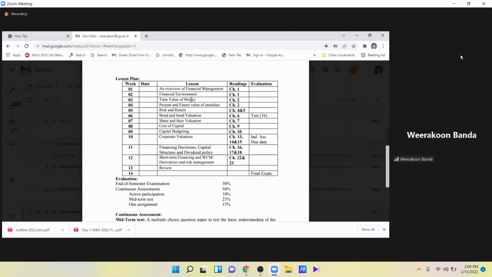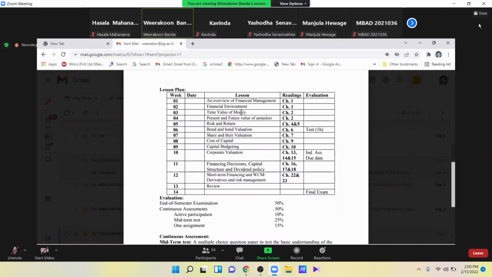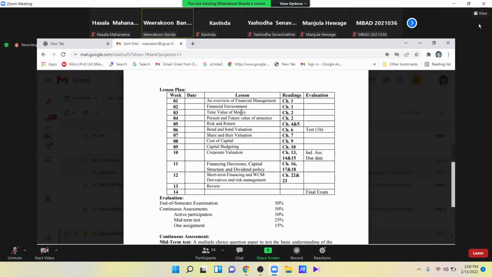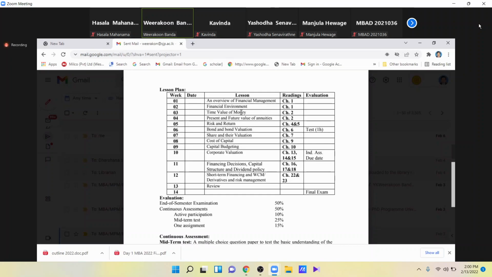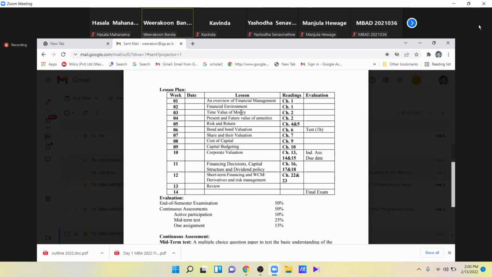Then the other topic is financial decisions, capital structure, and dividend policy. Now we understood that there are basically two kinds of finance source. One is owner's capital, or equity capital. The other one is debt capital. So that is the financing decision.